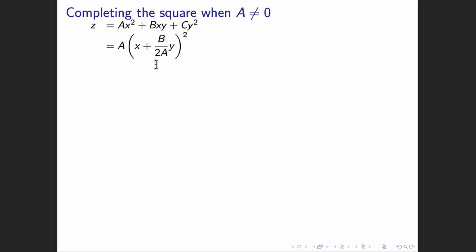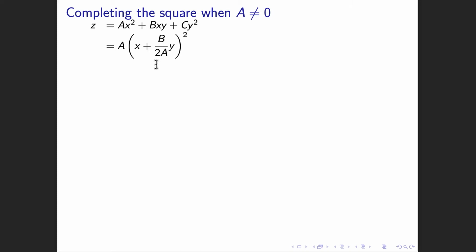As we know, I can factor out an a out of the first two terms, and then basically x plus whatever the coefficient of xy is divided by 2 times y to the power 2 is going to be the completing square.